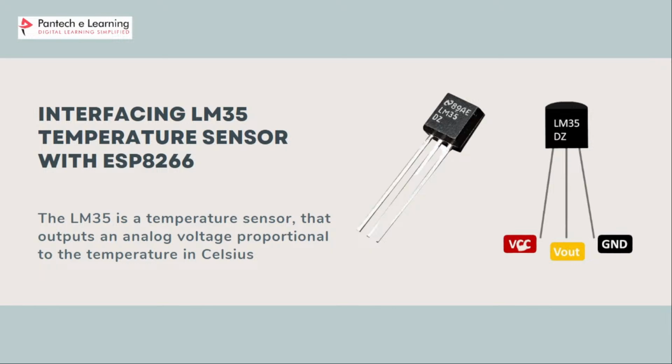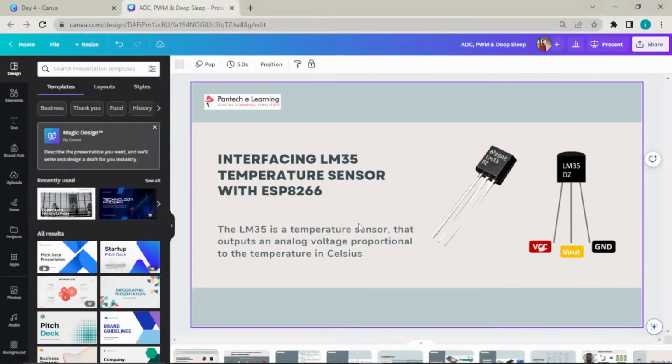The output voltage is linearly proportional to the temperature with a sensitivity of 10 millivolt per Celsius. The output analog voltage can be converted to digital form using an ADC so that a microcontroller can process it. So now let's write the code for the LM35 sensor.